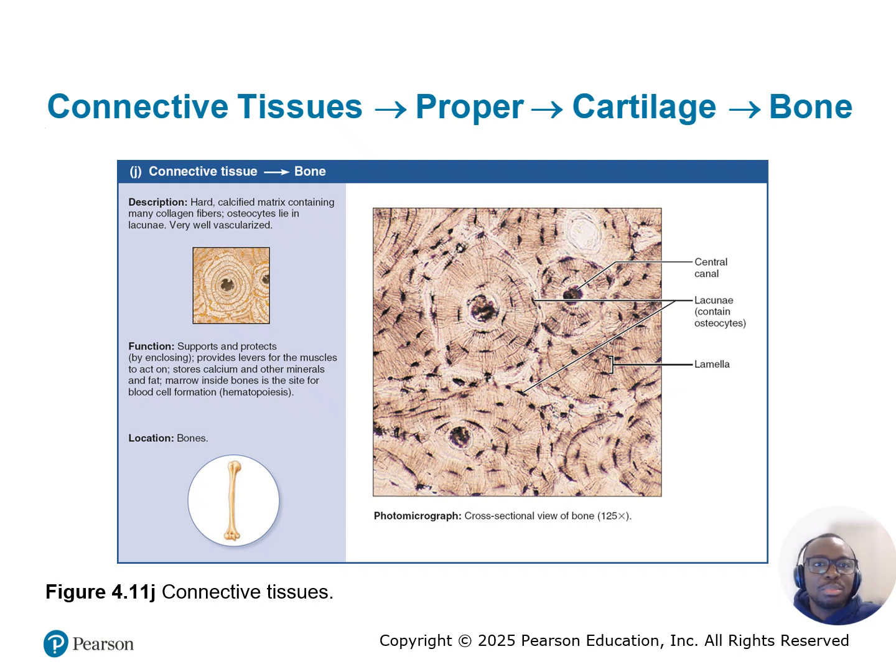Bone supports and protects body structures. For example, the skull encloses and protects the brain. Also, bone provides levers for the muscle to act on. Bone stores calcium, fats, and other minerals. The red bone marrow inside bones is a site for blood cell formation, or hematopoiesis.